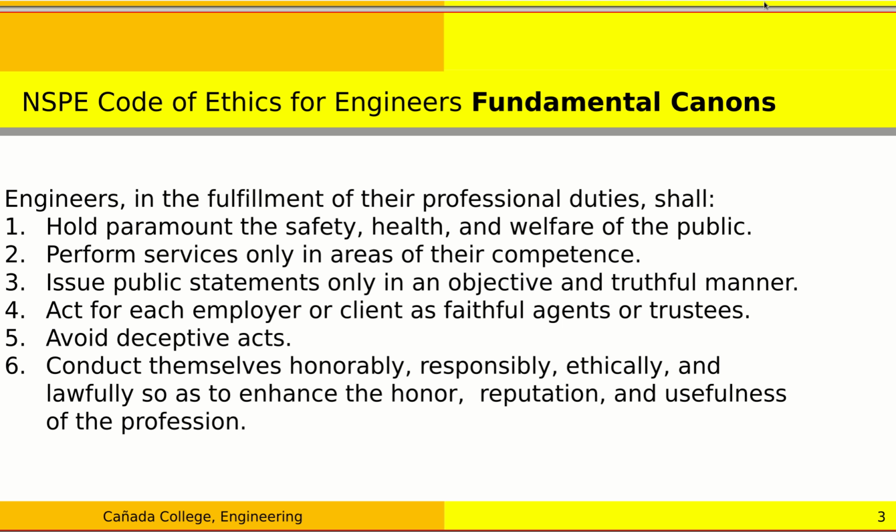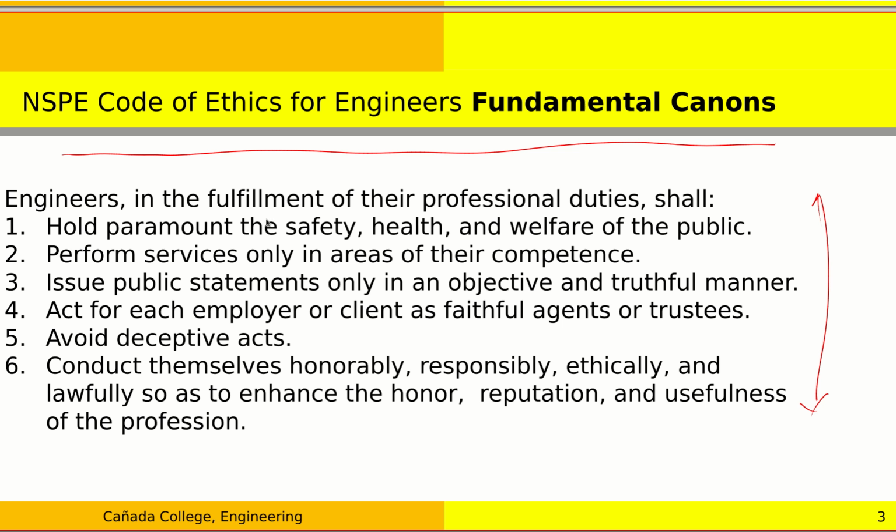Remember that in the last class I had introduced you to the idea that each engineering discipline and the National Society of Professional Engineers provides you with a code of ethics that you are supposed to follow as an engineer. These were the six canons.